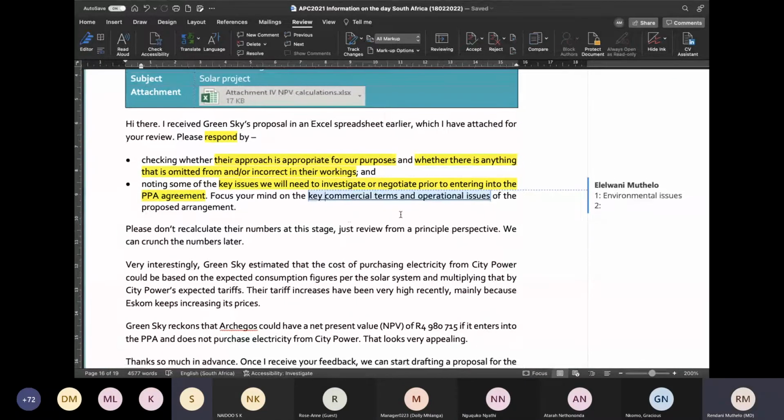So you can see that that is what she is reminding you of on the day: hold on, I've spoken to you about this, so don't forget about that. Focus your mind on the commercial terms and operational issues.